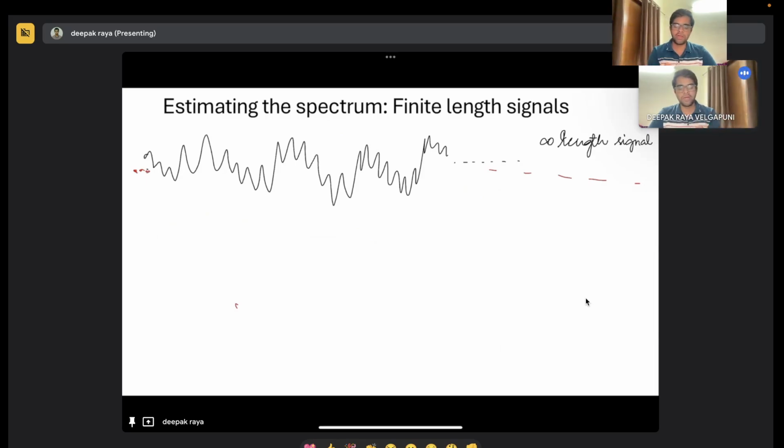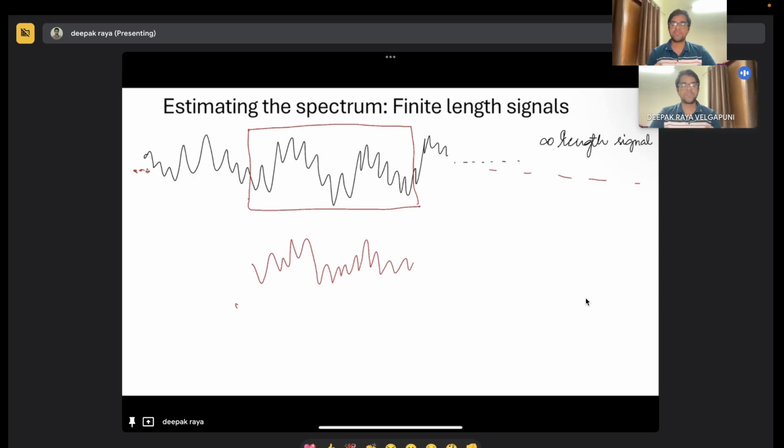But in the real world, they don't exist. You have access only to a snippet of this signal. So in this red window that I'm showing, you have only this part of the signal, and on this you do a Fourier transform. If you do a Fourier transform of the infinite version, you get the exact spectrum. If you do it on a snipped version, you get an approximate spectrum.